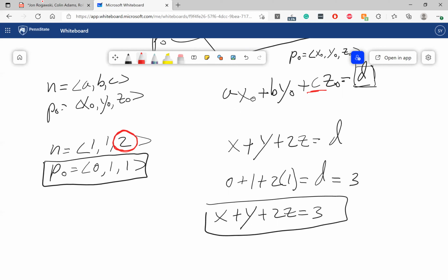I believe it represents the distance from the origin, the shortest distance from your origin to the plane. I believe that's what it represents. So if your plane goes through 0, 0, 0, your D is 0, right? Because it's 0 plus 0 plus 0. Any other questions?